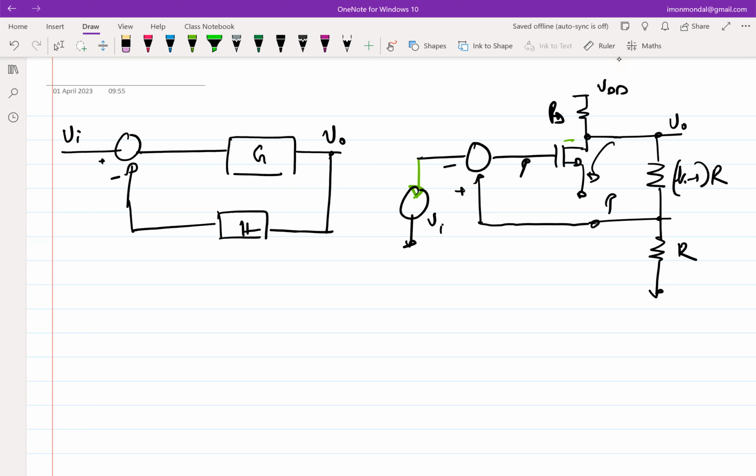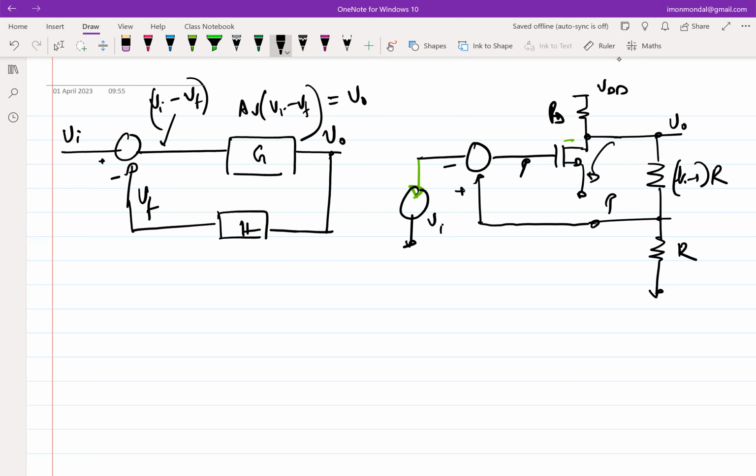Note that if I have to draw the analogy between these two circuits, this is the feedback voltage. This voltage is VI minus VF. And G is an amplifier having, let's say, infinite gain. So this becomes AV times (VI minus VF), and this is equal to V0.